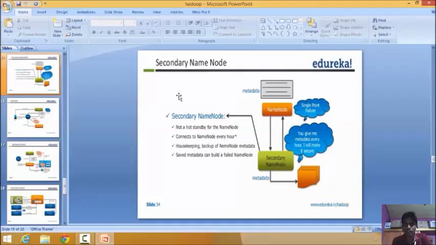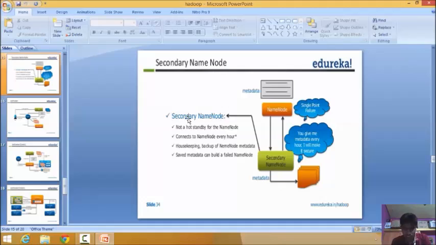In the very first version of Hadoop this is so. If you move further to the second version of Hadoop, we have something called active name node and passive name node. Active name node is the main admin node. If it fails, then the passive name node acts as the active name node. That is in the second version of Hadoop, but this is not possible in the first version.